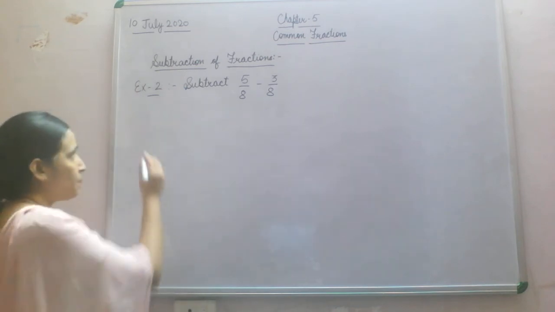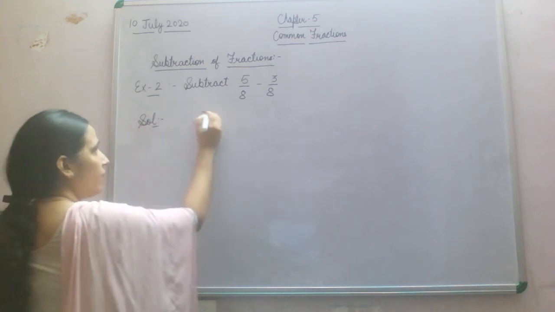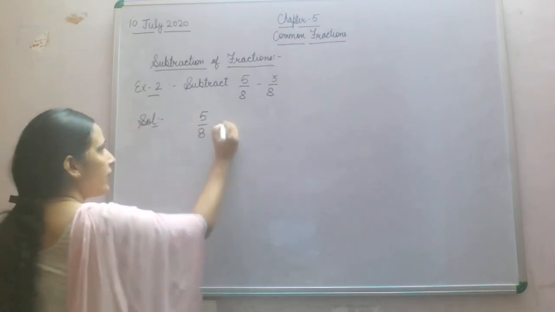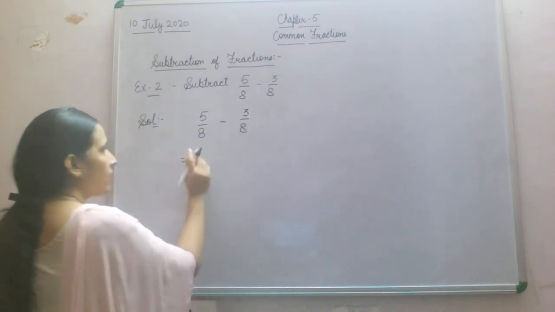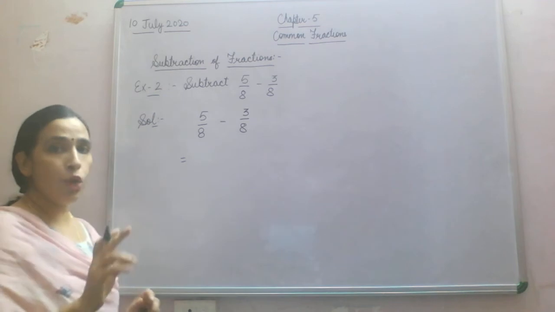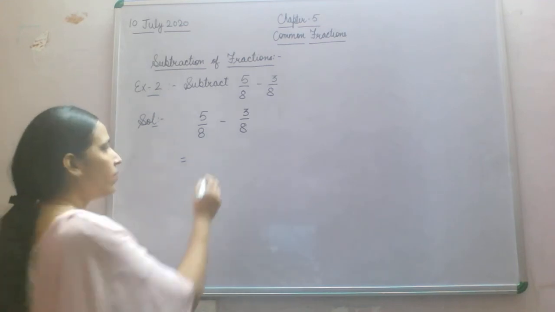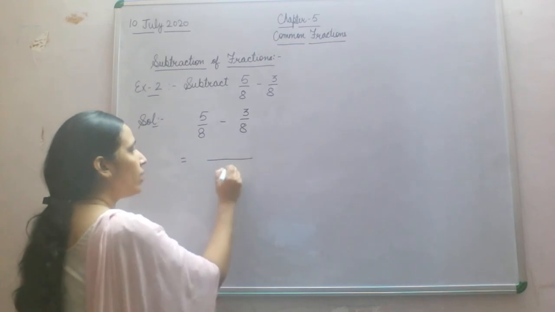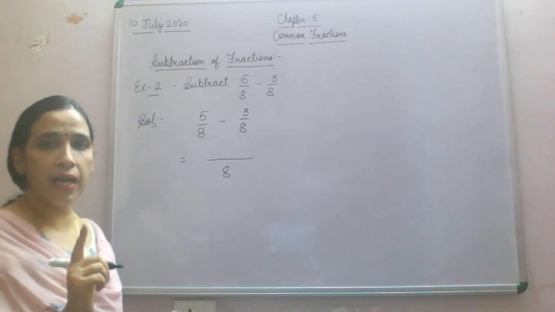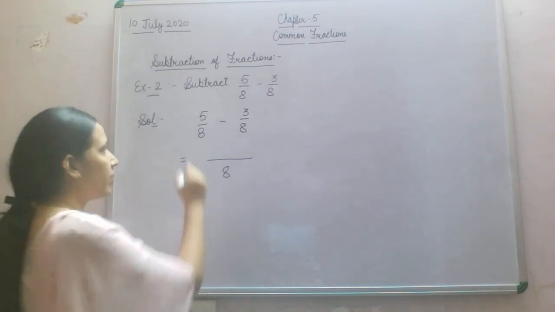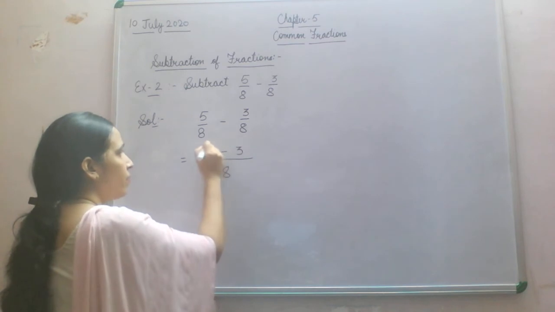So here in the solution we will write the given fractions 5 by 8 minus 3 by 8. As you can see, the denominator is the same in both fractions. We will write the denominator 8 only once, and after that we will subtract the numerators, which is 5 minus 3.